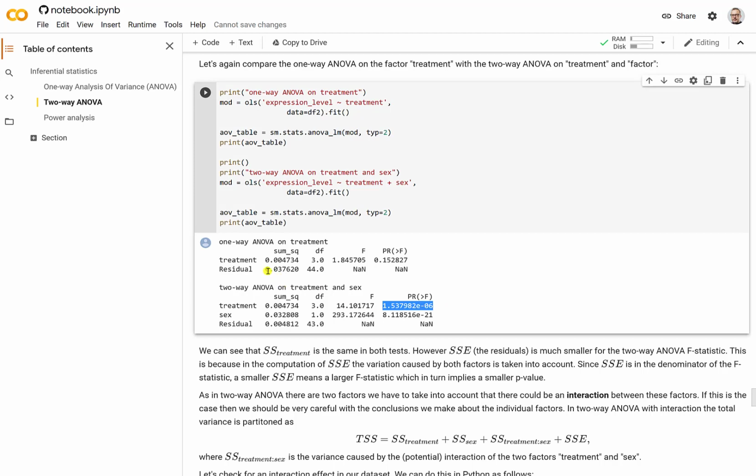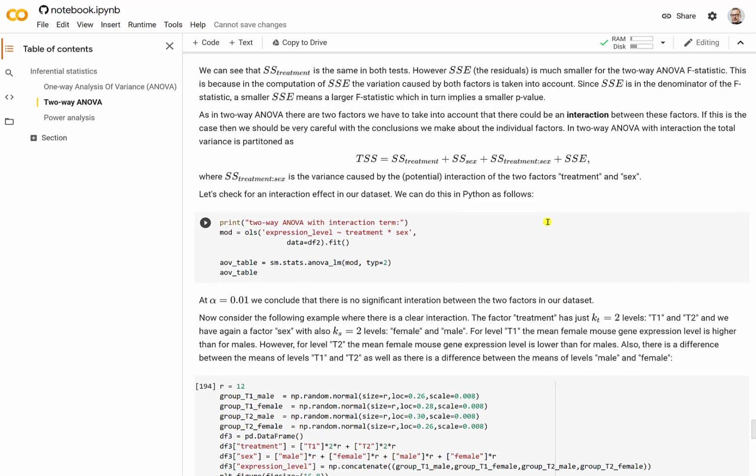But you can also see here that we have this sum of square of the errors, which has been significantly reduced here, right? And so remember that the F statistic is the ratio of these things, so a smaller sum of square of the errors will mean a bigger F statistic, and that will mean a smaller p-value.